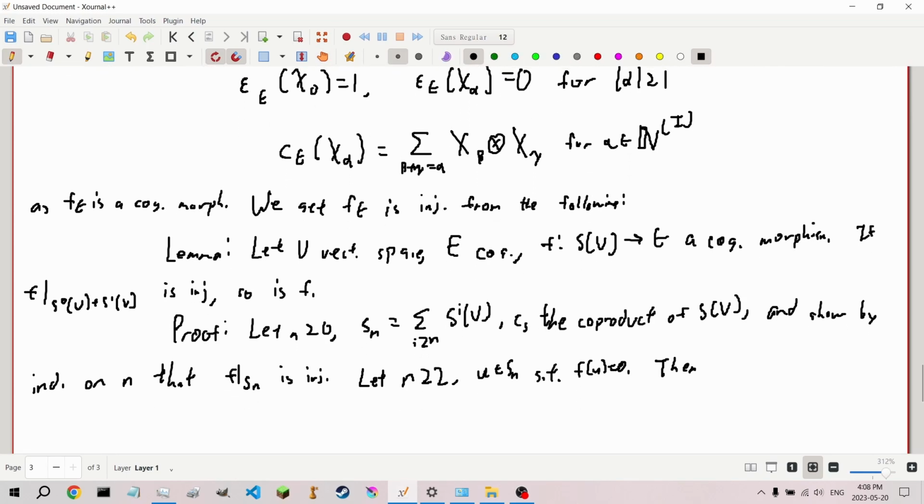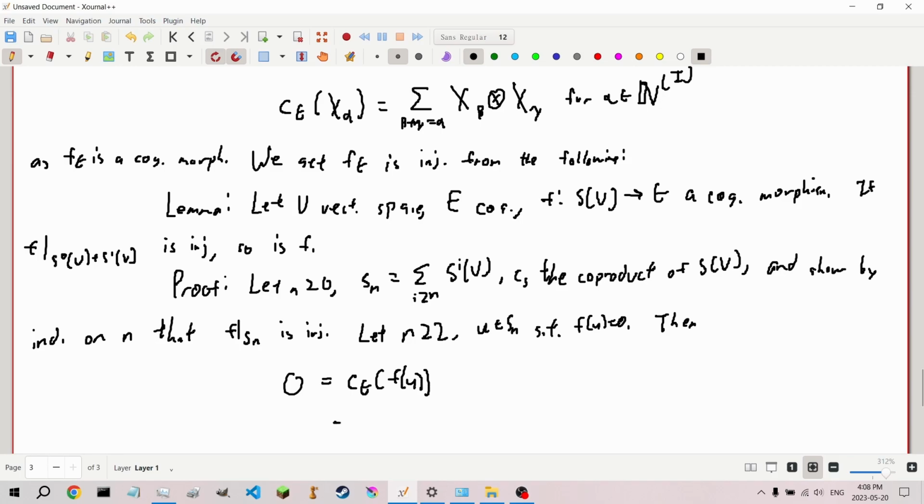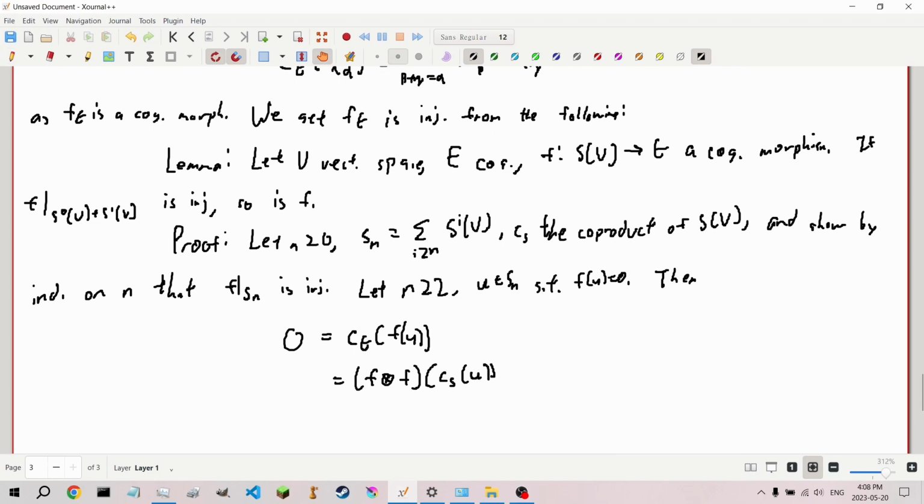And then we get that 0 is the E coproduct of f of u, which is the tensor of f with itself, f on both sides of the S coproduct of u, which is f u tensor 1 plus 1 tensor f u plus f tensor f, f on both sides of Cs positive of u.